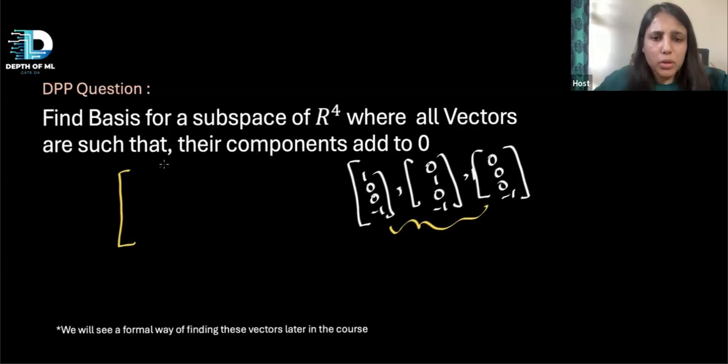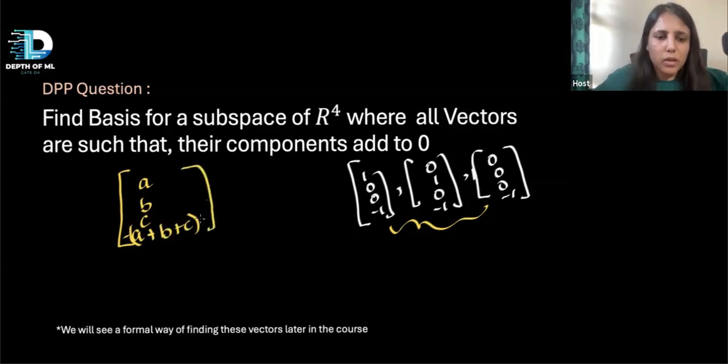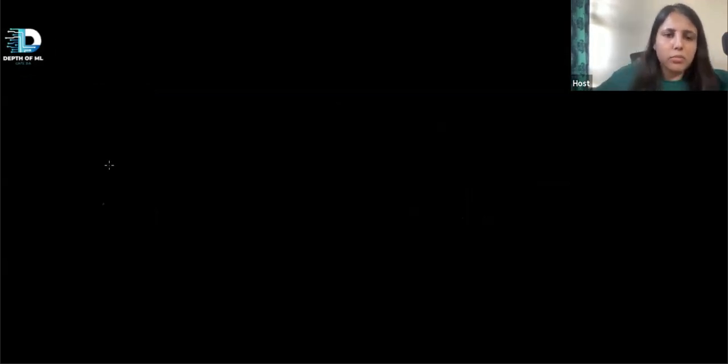So the question given to me is that I have to find a basis for a subspace of R4 where all the vectors are such that their components add to 0. So what I can do is I can take my vector to be of this form: A, B, C, and then the fourth component is minus of A plus B plus C. Actually, let me take it to another screen.